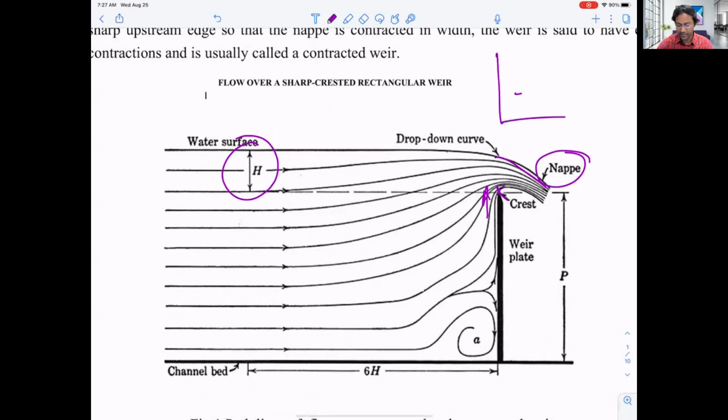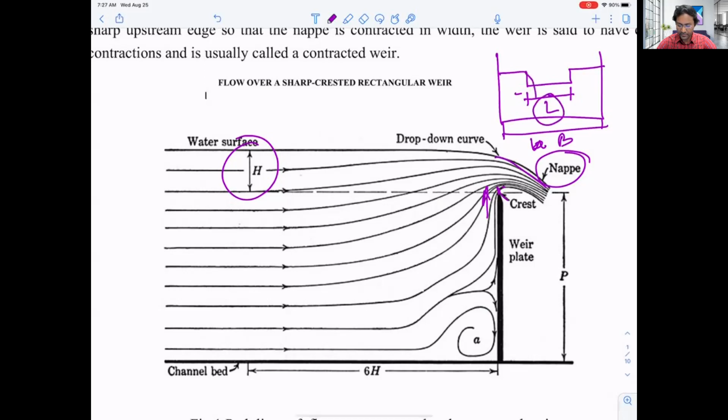It means we have a river cross section like this, and we have a weir here. That is the width of the weir, not covering the entire width of the river. Basically that is the length of the weir, and we can call the other the width of the channel or river. So if the width of the channel or canal or river is greater than the length of the weir, then what will happen?